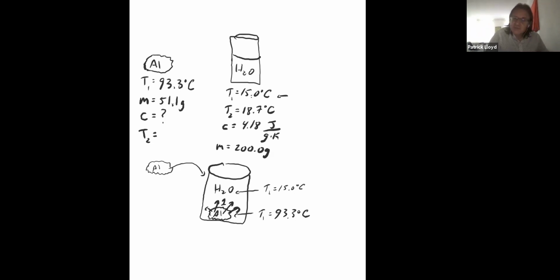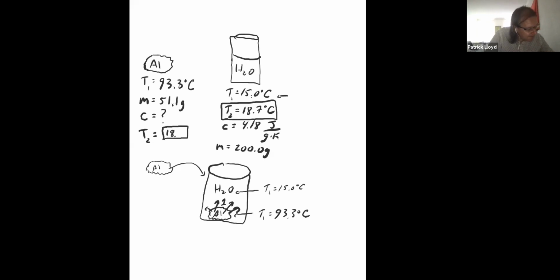The heat flow stops. There's no longer any heat transfer. So what that tells us is that the final temperature here is going to be the same as the final temperature here. They have the same final temperature, and they're telling us it's 18.7. Okay, so that's the key.